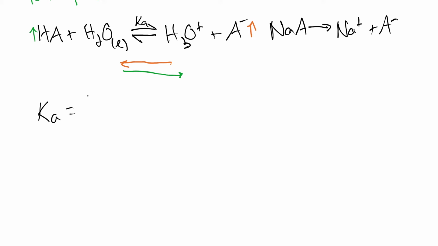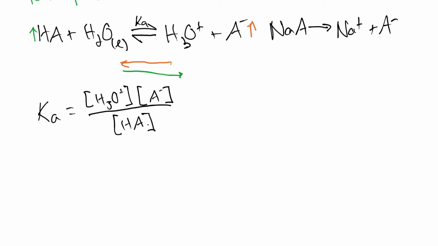So Ka is equal to the concentration of the hydronium ion times the concentration of the base all over the concentration of the acid. I want to point out something that's going to come up later in the Henderson-Hasselbalch equation: we're going to be able to use initial concentrations of the buffer.